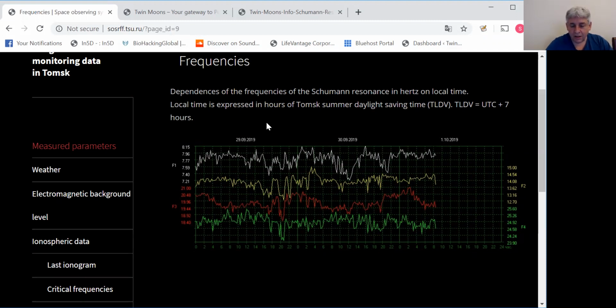And in fact, what you can see here is you see periods where there appears to be some quite good correlation between F1, F2 and F4, but not F3. Or here between F1 and F2, and certainly we've got a big peak here with F3.